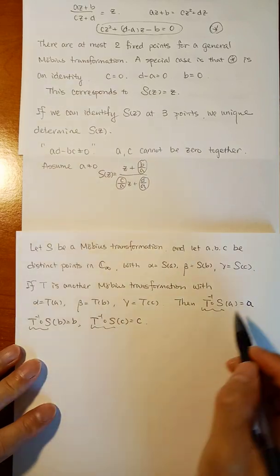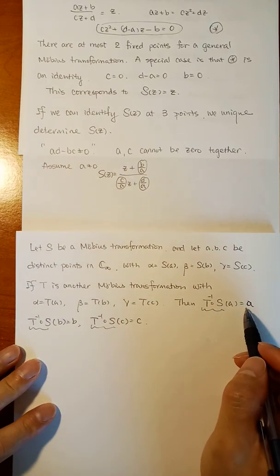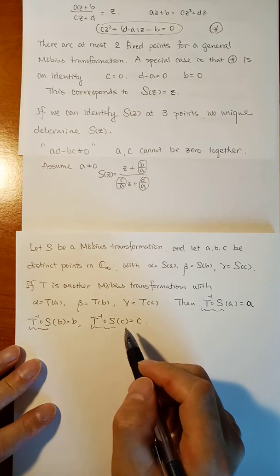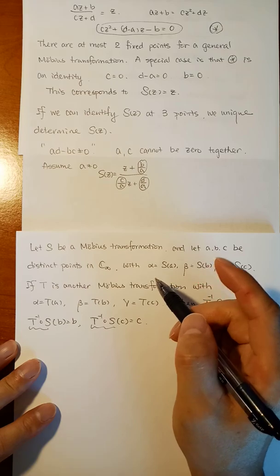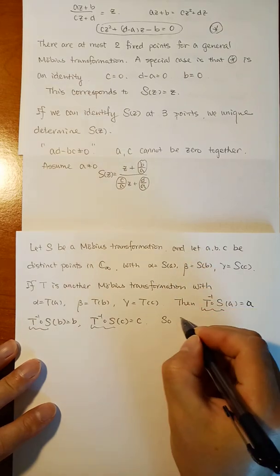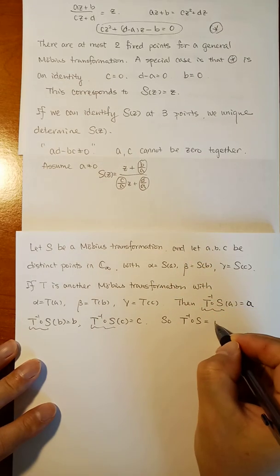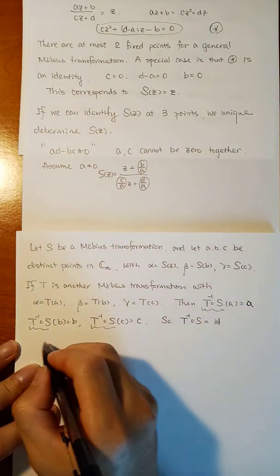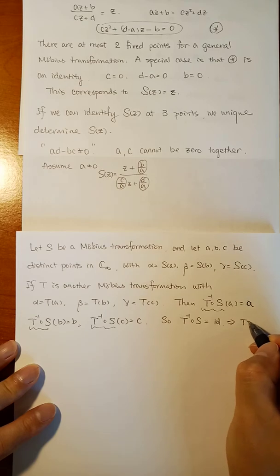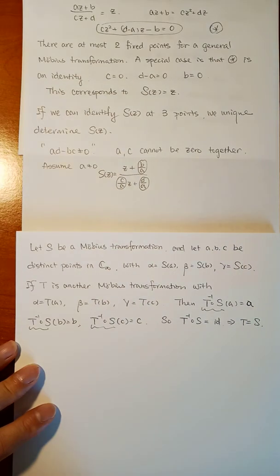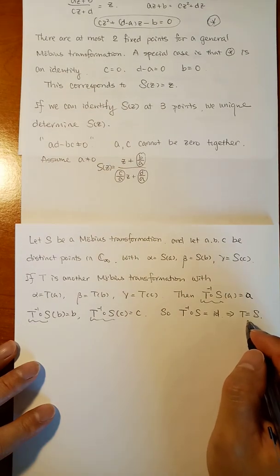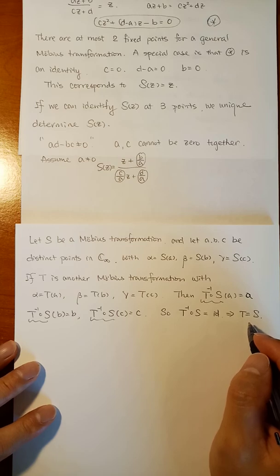And this Mobius transformation has three fixed points. If it has 3 fixed points, it can only be the identity. So T inverse compose S is equal to identity, so T is S. So a Mobius transformation can be uniquely determined by the action over 3 given points.